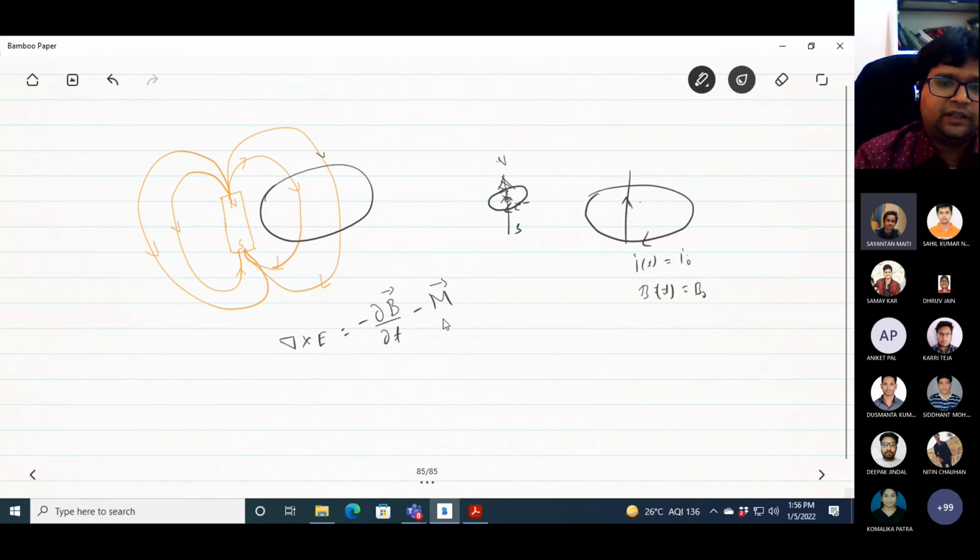It is useful in solving certain kinds of electromagnetic problems. But it does not exist; still, for mathematical calculation we can use it. Please note that.